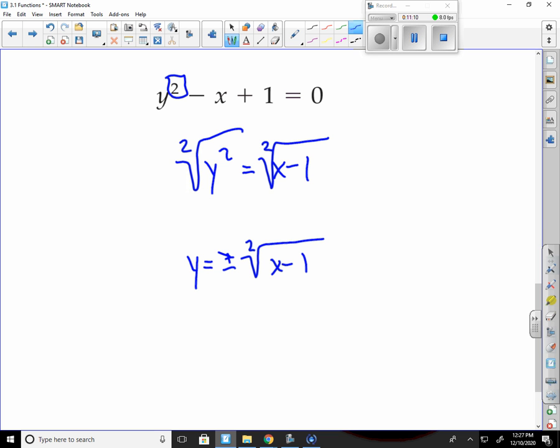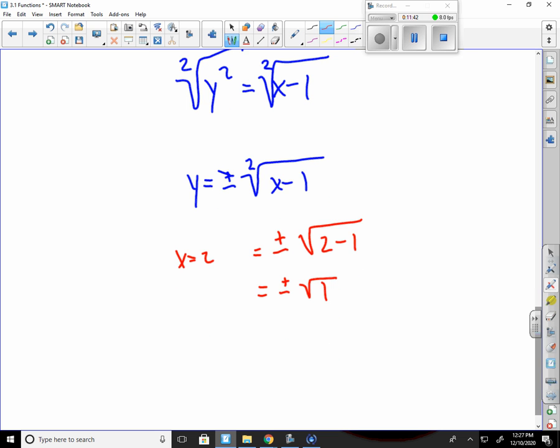So now if I put a value in for x, say 2, then 2 minus 1 is 1, and the square root of 1 is 1. So if I substitute x equals 2 in, it gives me plus or minus the square root of 2 minus 1, which is plus or minus the square root of 1.